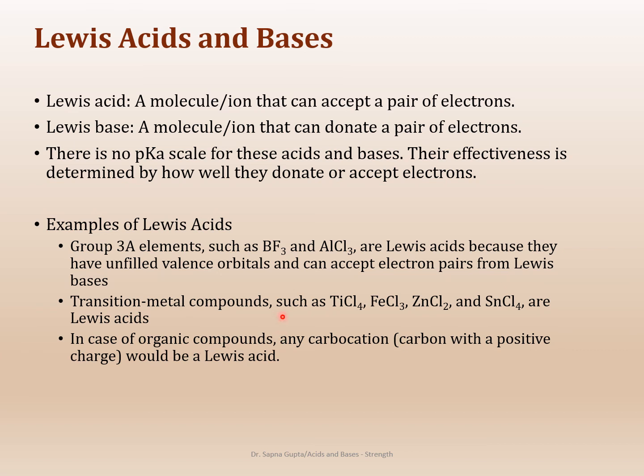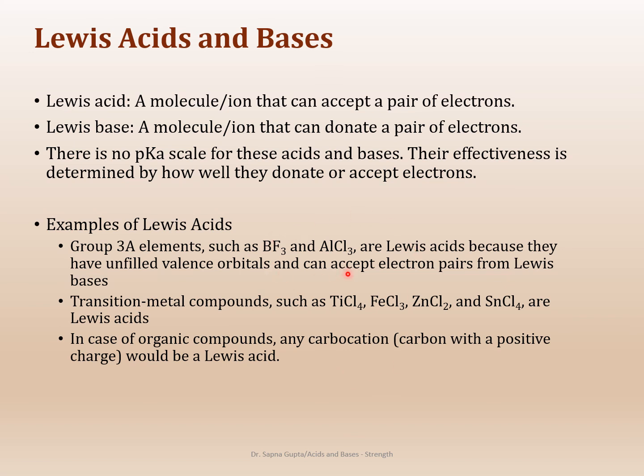Transition metals are also very good acceptors of electrons, again because they have the d electron orbitals, and therefore they have some more room in there and they can accept electrons. In case of organic compounds, what we will deal with is carbocation, that is a carbon with a positive charge, and again, since it's a cation, it can accept a pair of electrons. Okay, so those are going to be your Lewis acids, and that's the best way to recognize them.